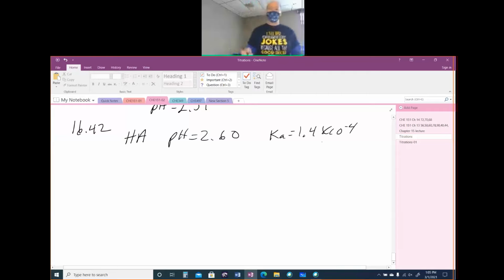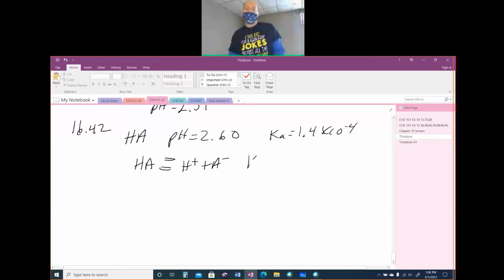All right, so as I said when we did the other one, you have to be given an initial concentration and a pH, an initial concentration and a Ka, or a pH and the Ka. You have to have 2 of the 3. In this case, this is the first one that we've had where the initial concentration is unknown. All right, so we have our HA that goes to H plus and A minus, and we know the Ka is 1.4 times 10 to the minus 4.